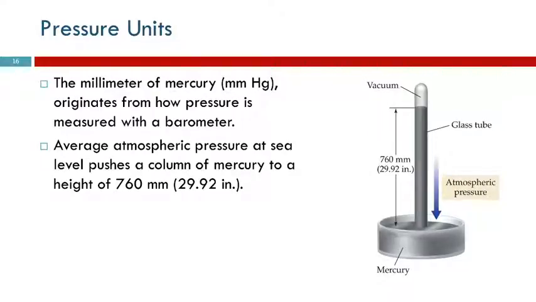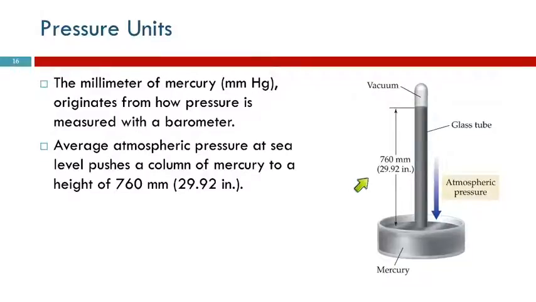It also has a relatively high density. If we made a barometer with water, that tube would have to be over 34 feet tall, because atmospheric pressure can support a column of water that's 34 feet high. When we do this with mercury, though, the atmospheric pressure can only support about 760 millimeters of height.